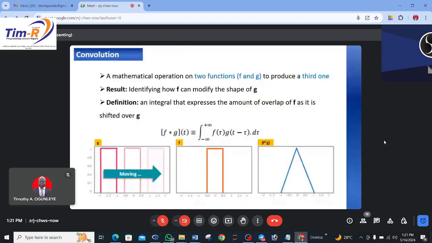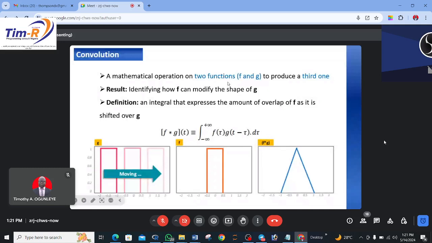Now, going into convolution. I won't go into the mathematical aspect because I'm not interested in it. We just explain what it actually looks like and give the mathematical equation. Convolution is a mathematical operation on two functions, f and g, to produce a third one.